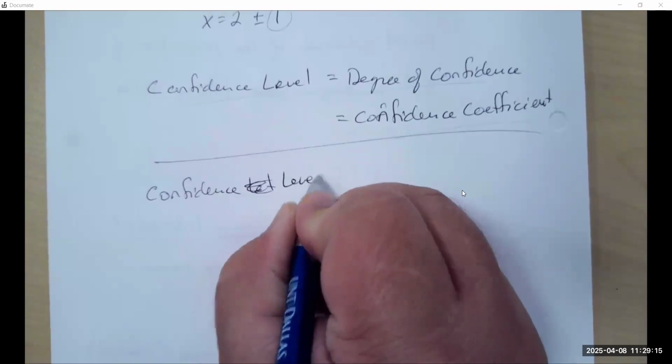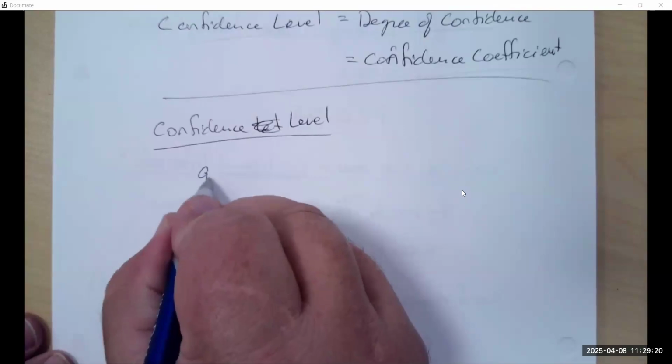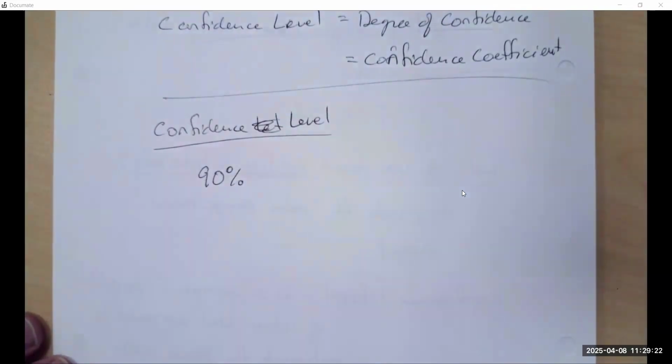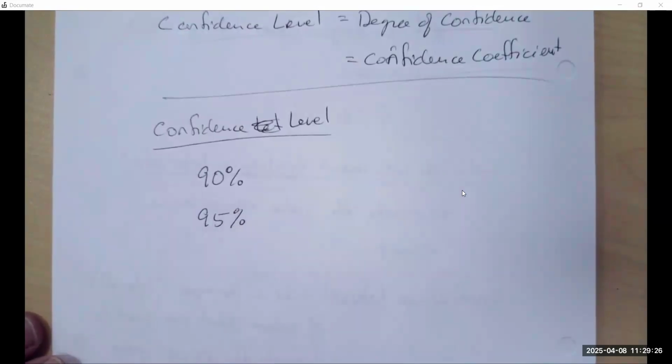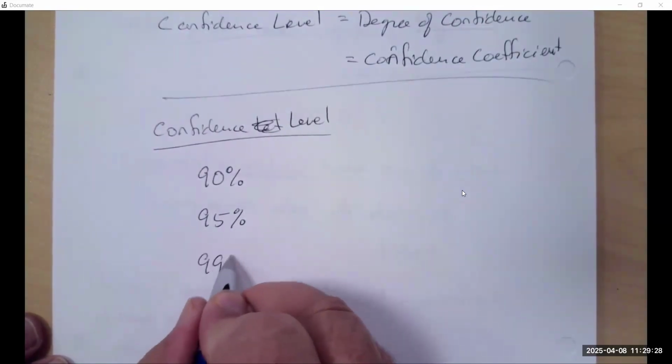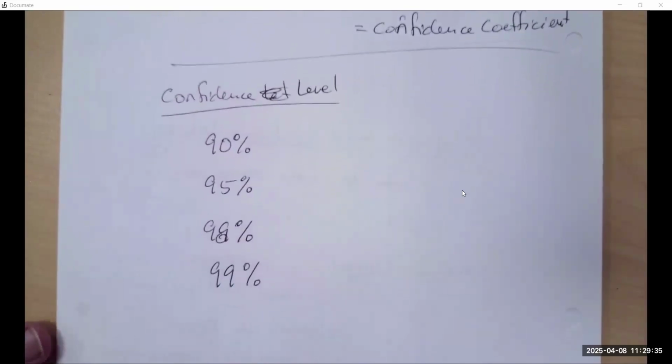Here we have the most common confidence levels. I could be 90% confident, 95% confident, 98%, or 99%. These are the most common ones used.